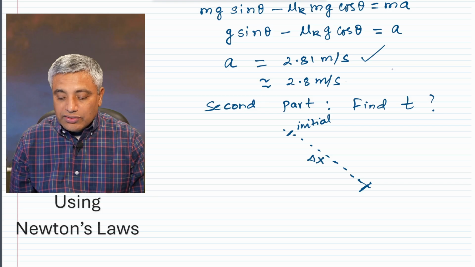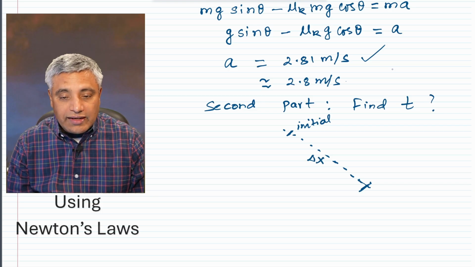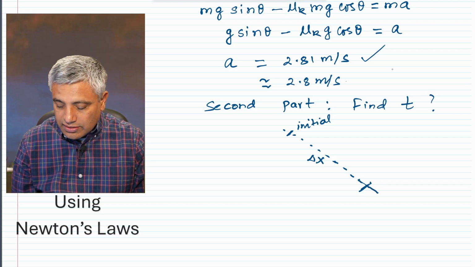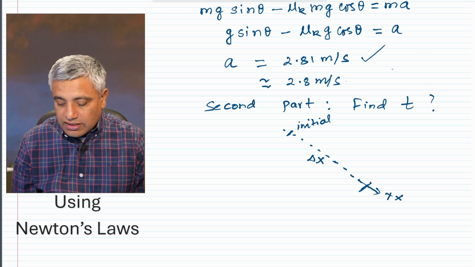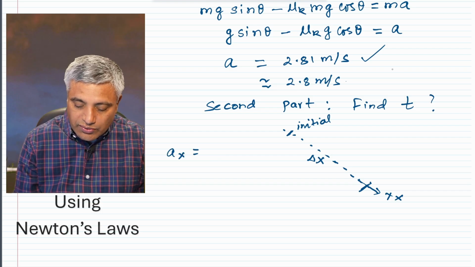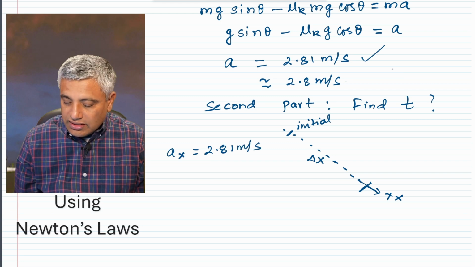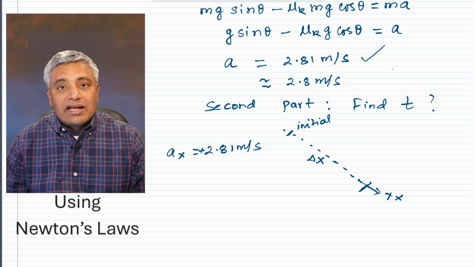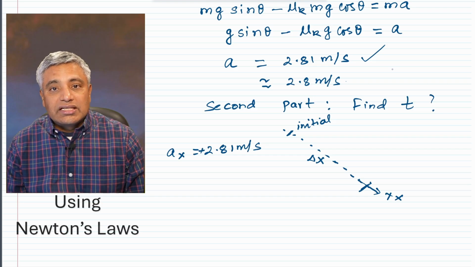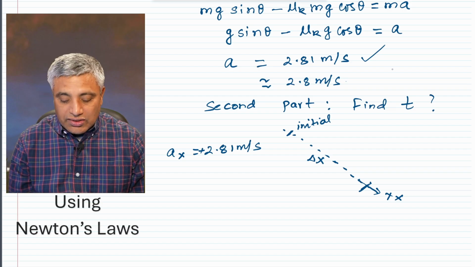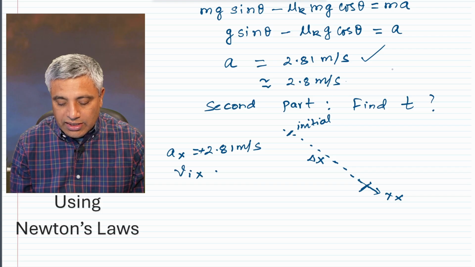We can use the same coordinate system we used to find the acceleration, and that acceleration is along the x direction, so this is positive x. That means acceleration in the x direction is what we just found, 2.1 meter per second squared. Since we are choosing down as positive, we can write that as a positive. We are letting the sled slide because the problem doesn't say it was pushed with a certain speed, so we can assume the initial velocity in that direction is 0.